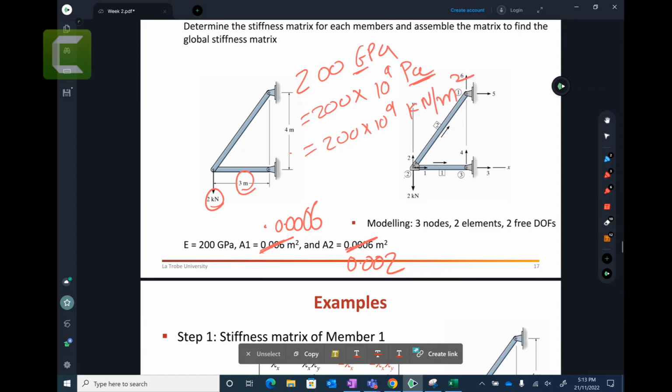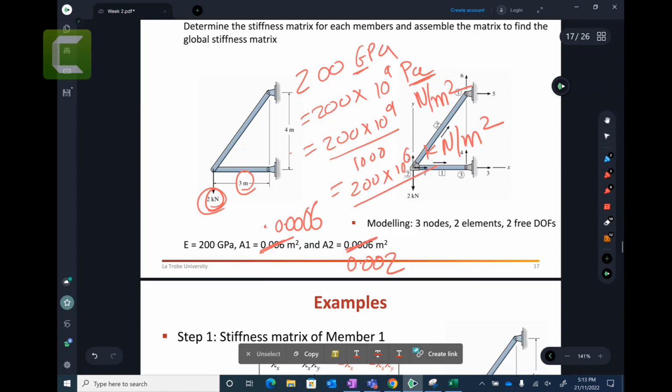Oh, sorry, pascals means Newton per meter square. But I need it in kilonewtons, so I can divide by thousand. So 200 times 10 to the power 6 kilonewton per meter square. So 200 gigapascals is equal to 200 times 10 to the power 6 kilonewton per meter square. Exactly the same, just the unit conversion.